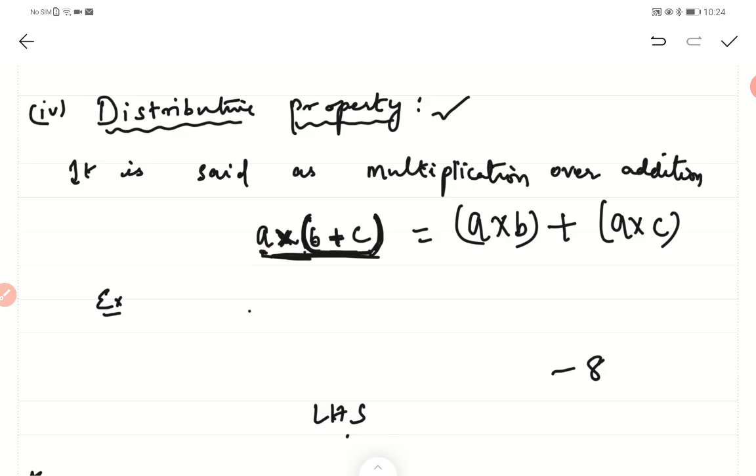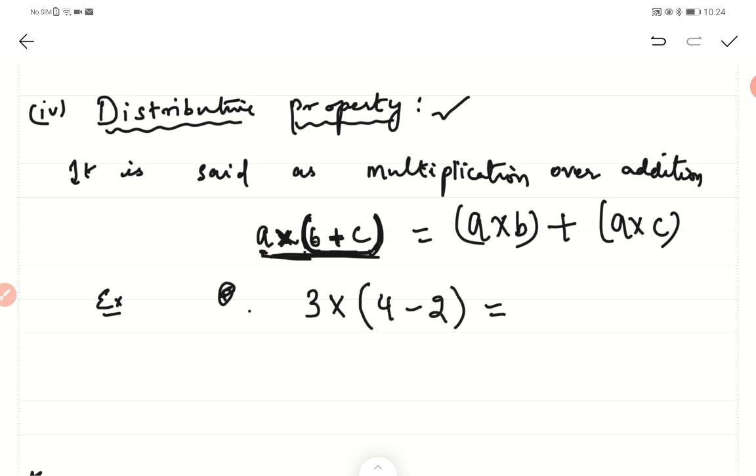But I want to show you one more thing. If you have a minus sign in between, you can also go for simplification. This is 3 multiplied by (4 minus 2).